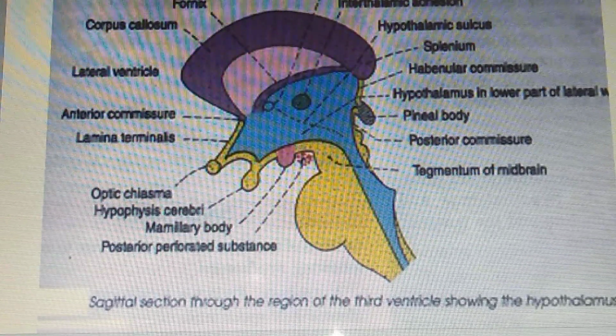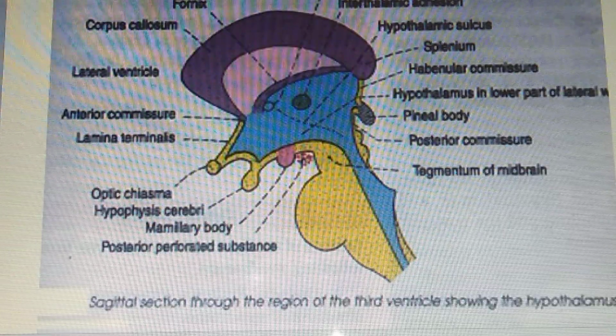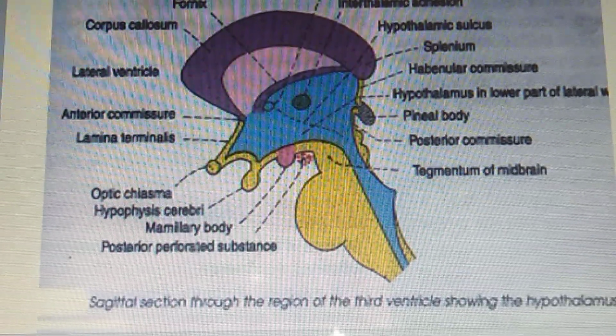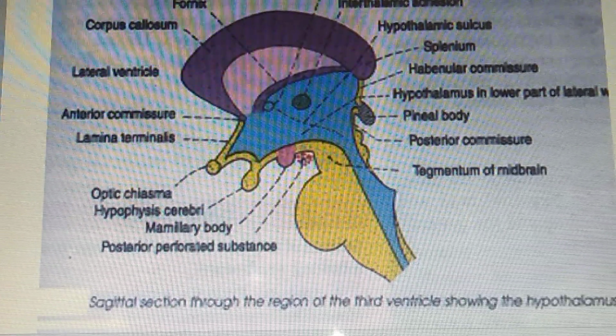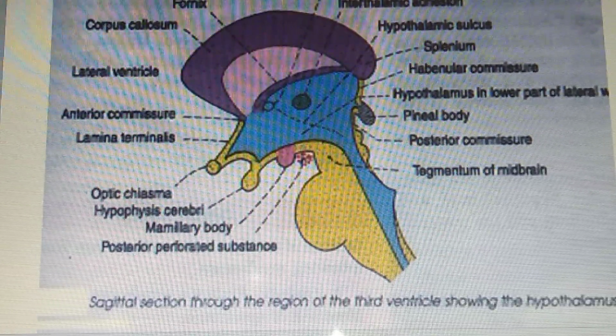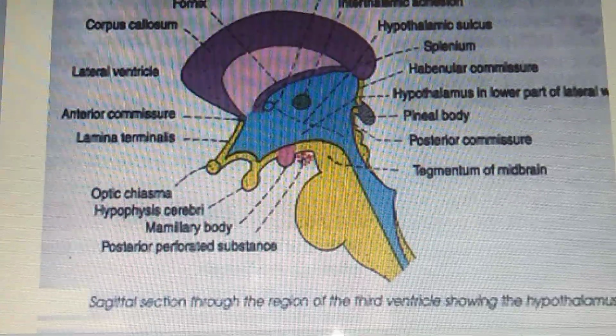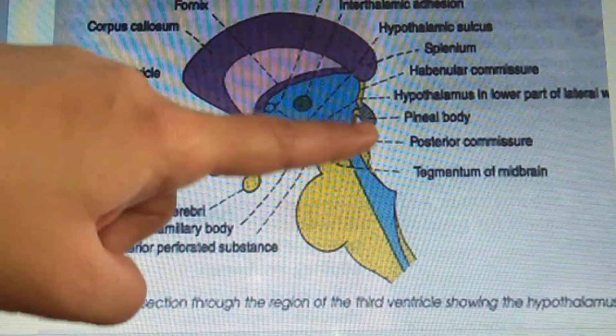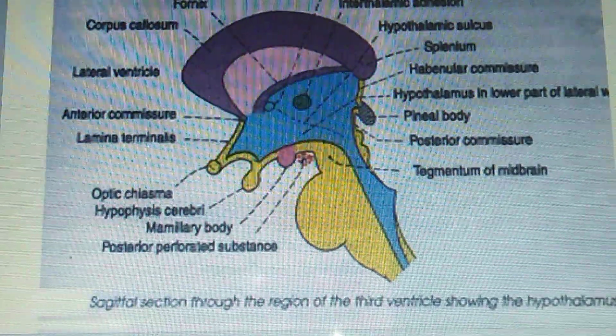The site of the obstruction can be found out by CT scan or MRI scan, where the third ventricle is seen normally as a narrow vertical midline shadow. Dilatation of the third ventricle would indicate obstruction at the lower level, that is at the level of the cerebral aqueduct.